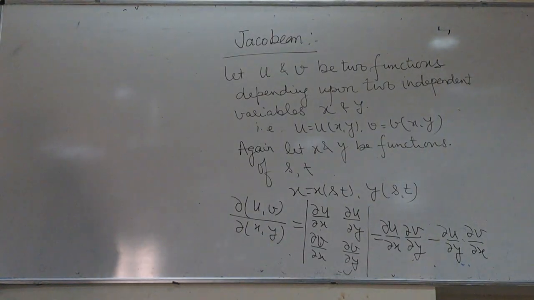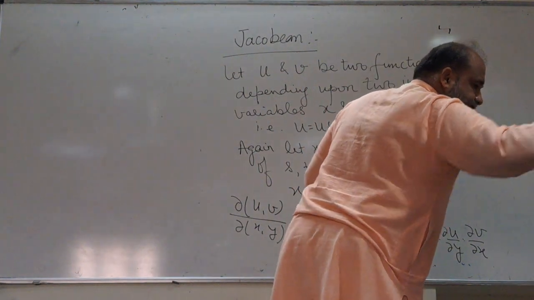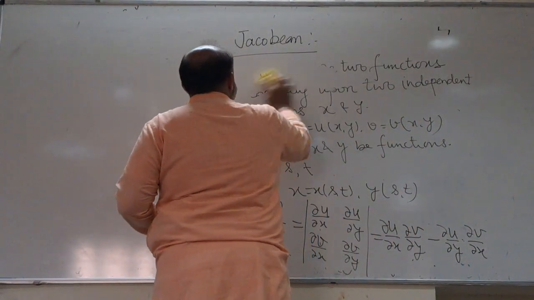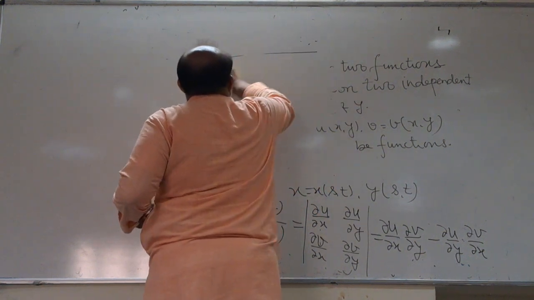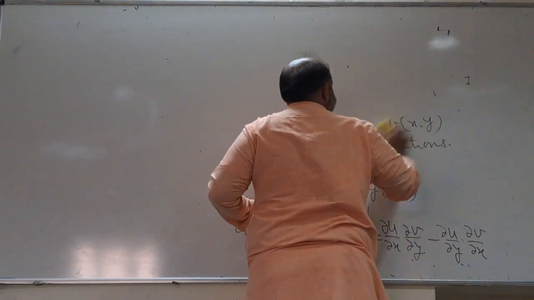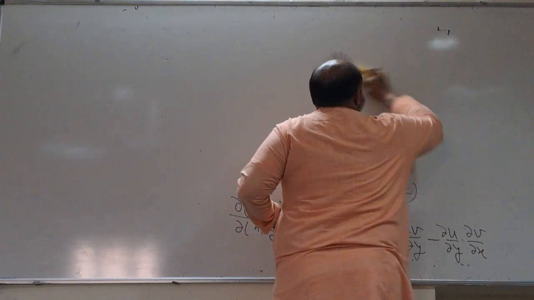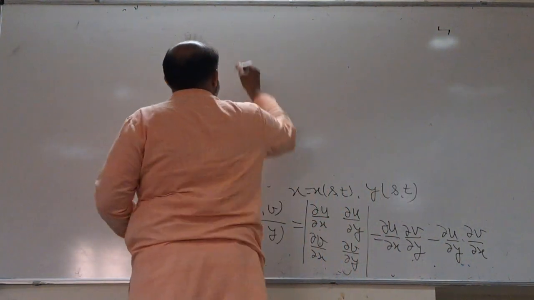Of course, I can have the opposite situation as well. Jacobian of x, y with respect to u and v. What is this?